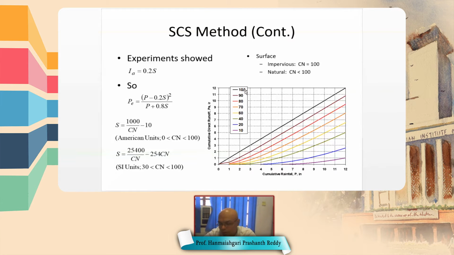When the curve number is high, it represents impervious soil, meaning there is no infiltration. When the curve number is low, the infiltration capacity of the soil is very high, so maximum water from the rainfall goes to subsurface flow and groundwater flow. So by knowing the precipitation and the curve number, we can calculate the excess rainfall.